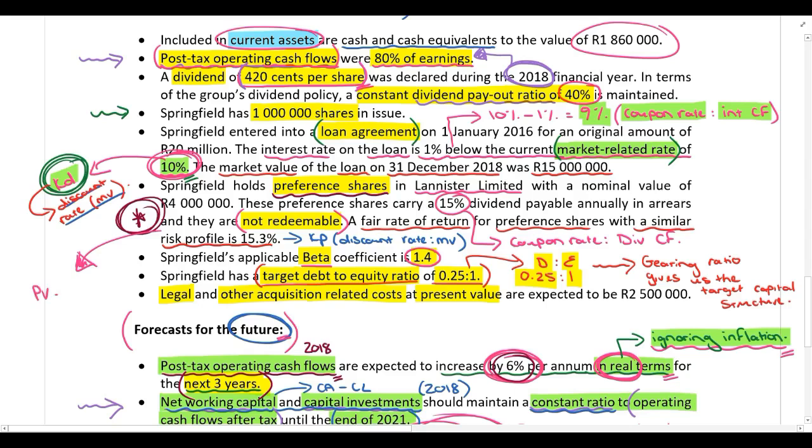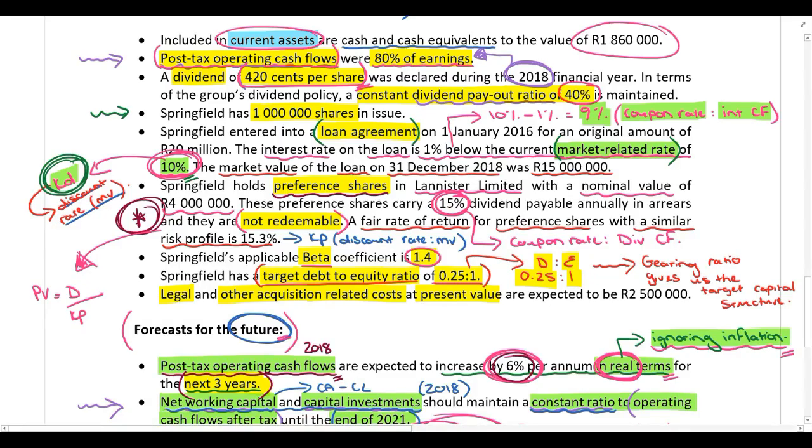Because if we are trying to value a non-redeemable preference share, we perform a perpetuity calculation where we take the dividend cash flow and we divide by the cost of the preference shares. So these preference shares have a nominal value of 4 million rand and they carry a 15% dividend that is payable annually in arrears.